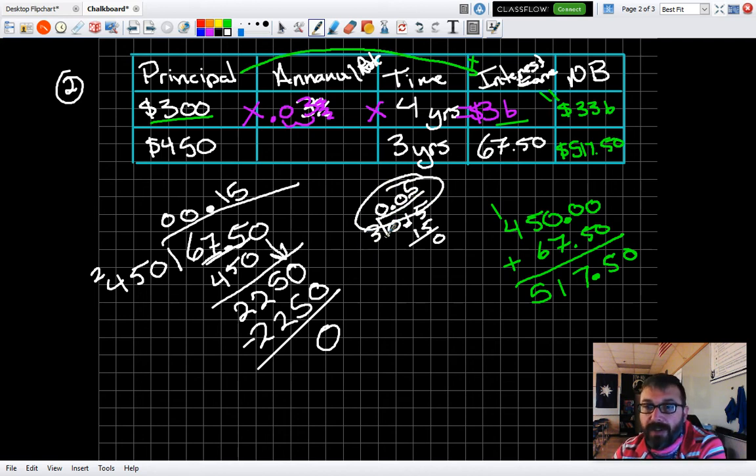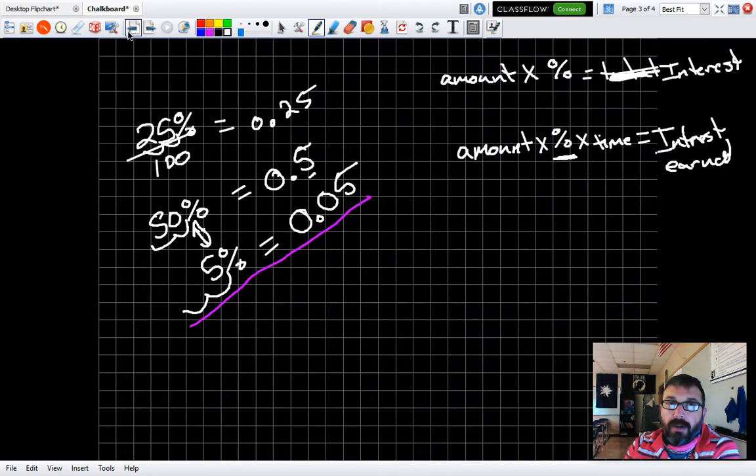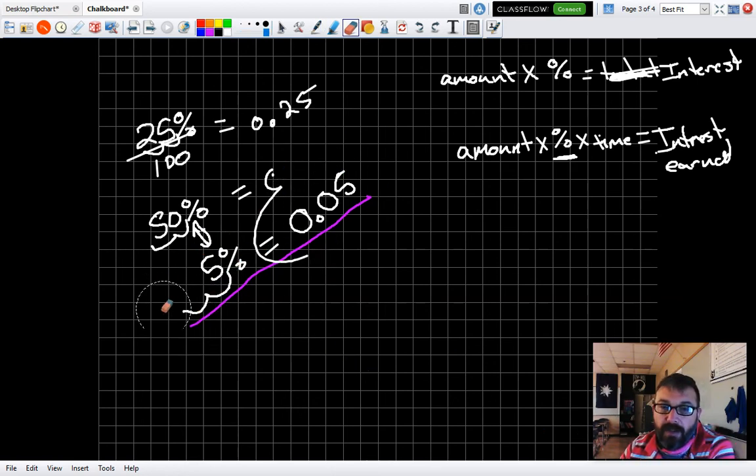To convert the decimal to a percentage, 0.05 to a percent, we would need to multiply by 100. If we remember, we just did this. 0.05 is equivalent to 5%.